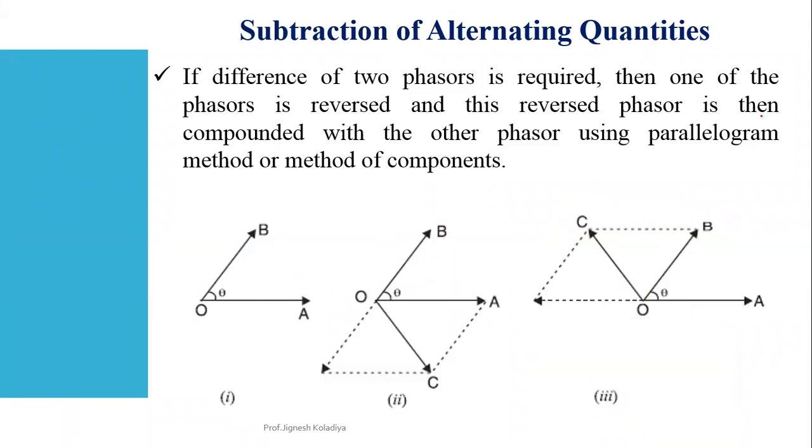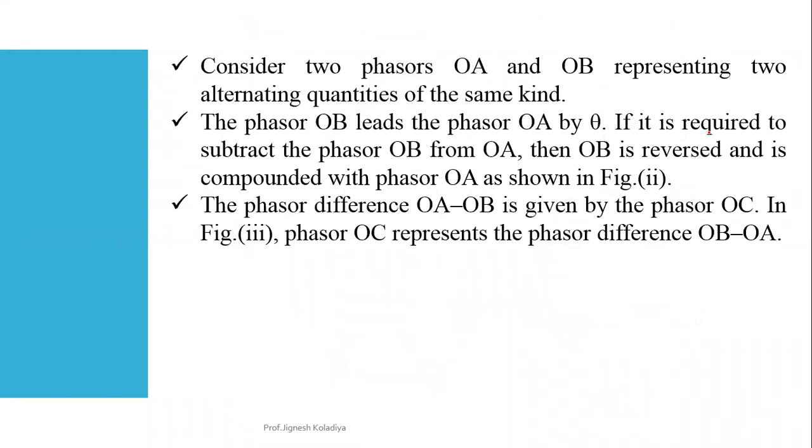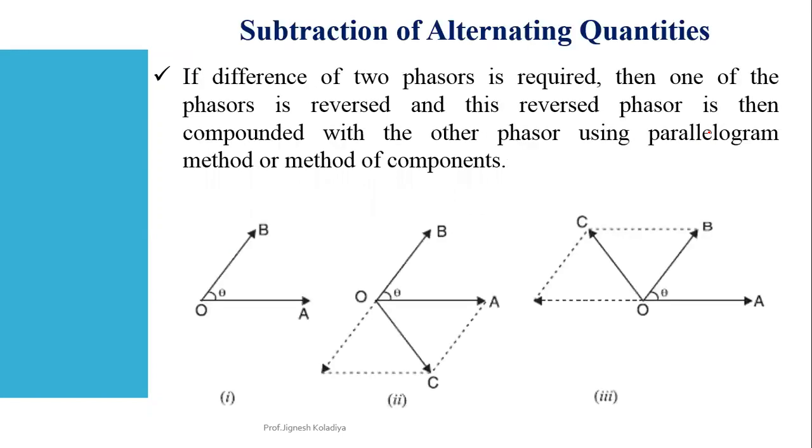Otherwise the method of application is the same, only you have to take one of the vectors in the reverse direction, that's it. So subtraction is also very easy. So here the description is given that consider two phasors OA and OB, which are representing two alternating quantities of the same kind. The phasor OB leads the phasor OA by an angle theta, just like you can see in figure number 1.